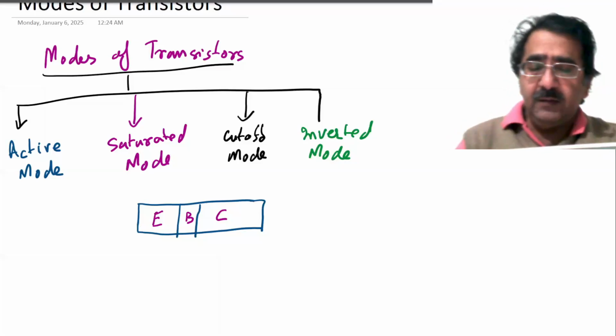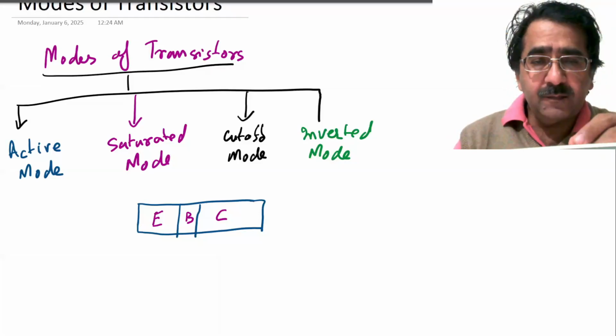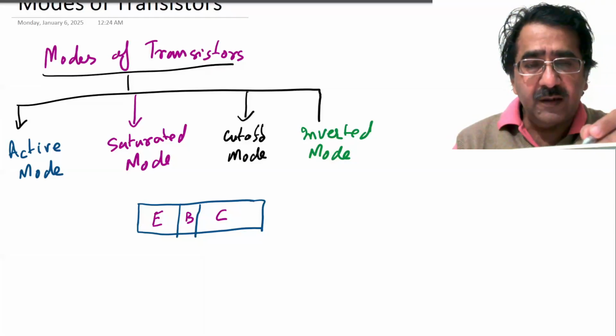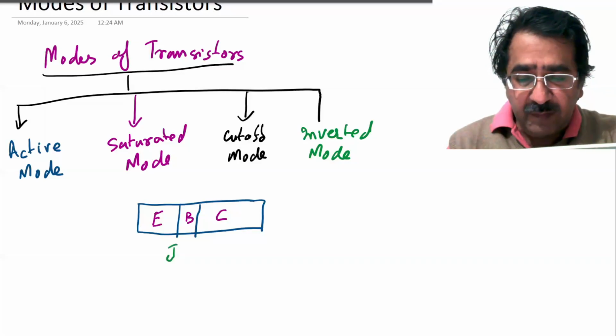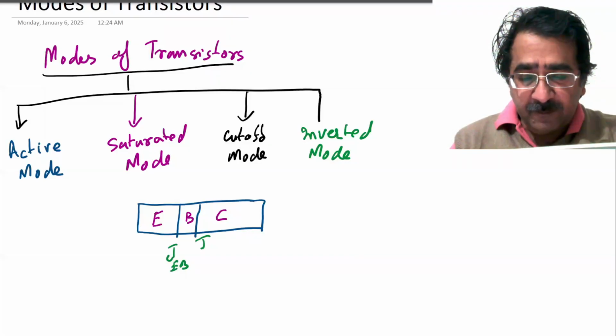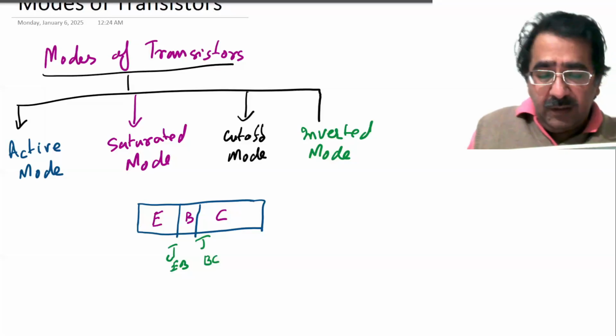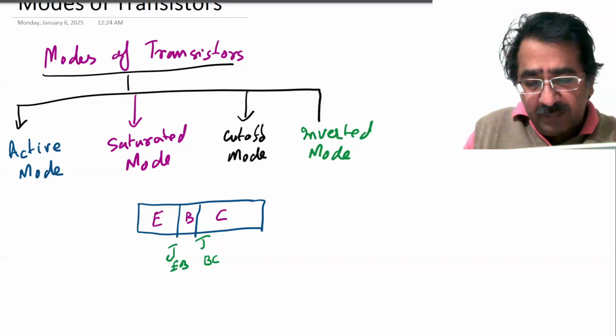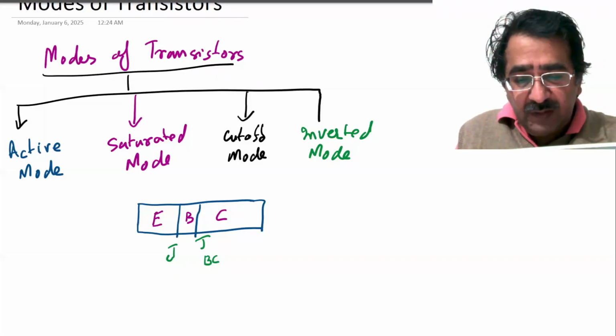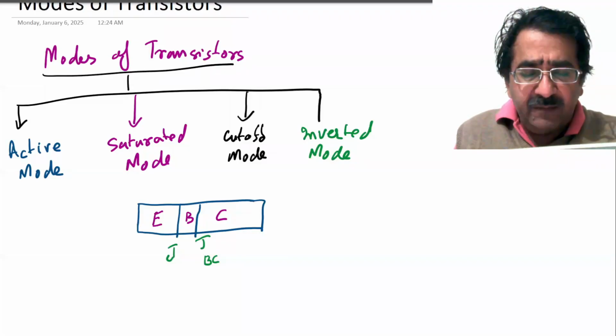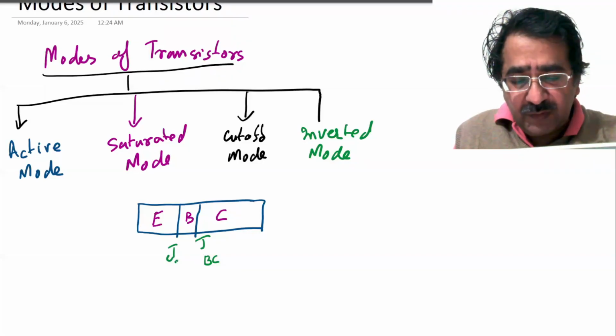And we know that this transistor has two junctions: the emitter base junction and the base collector junction. The order of these, EB or BC, depends upon which type of transistor is used.